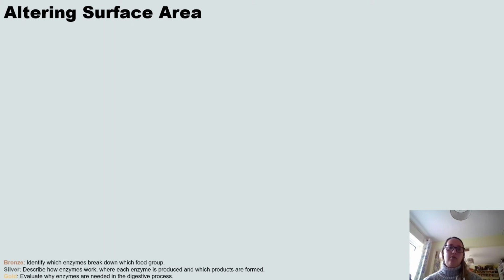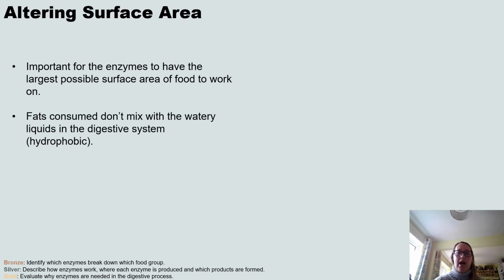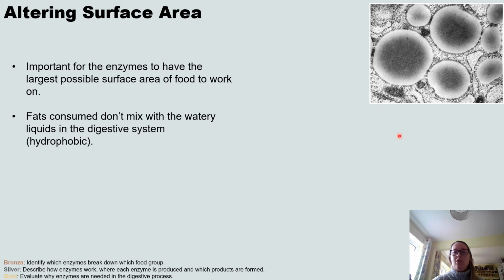So let's look at altering surface area. It's important for the enzymes to have the largest possible surface area for food to work on. Fats consumed don't mix in the watery liquids in the digestive system because they are hydrophobic. So here we have some fat globules, and you can see that they are in water and they are sticking together, and they are staying in their shapes because they are hydrophobic.